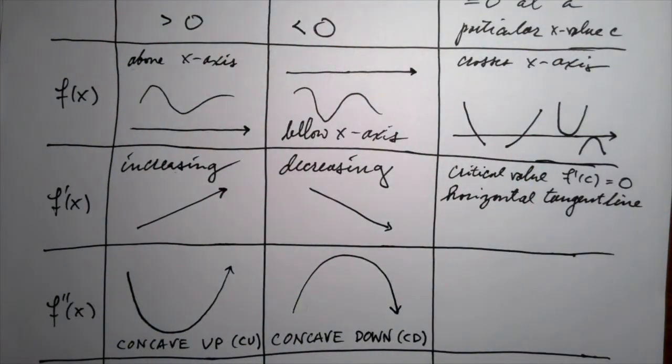And again, when the second derivative is equal to 0, you might have what's called an inflection point, where you change from being concave up to concave down, but that doesn't always happen. It's a little bit complicated. So I'm going to leave this square blank as well. We'll get back to it later on.